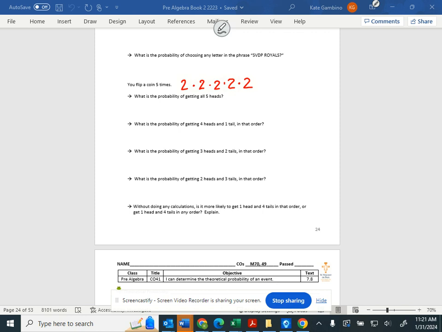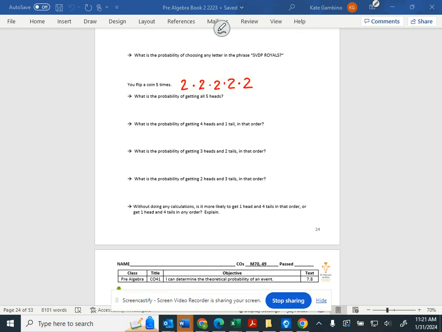But then we have to figure out, what if we get all heads? How many times we flip that coin would we get all heads? How many desired outcomes are there? How many desired outcomes would there be if we flipped a coin 5 times and got all heads?